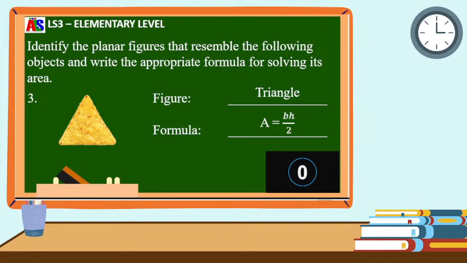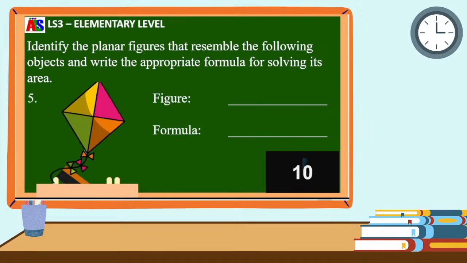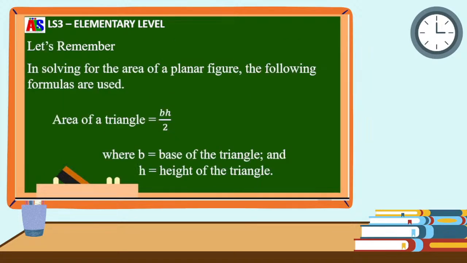The formula is... Number 4. Figure it. The formula is... The last item. Figure it. And the formula is... Did you get all the 5 items? That's right.